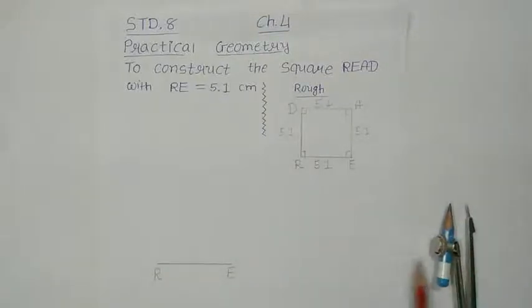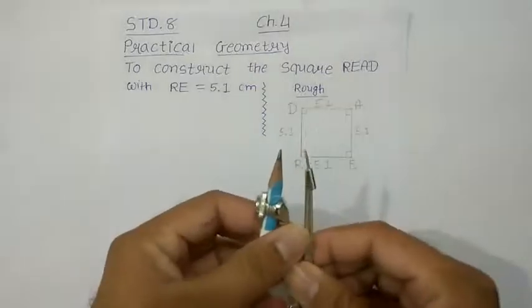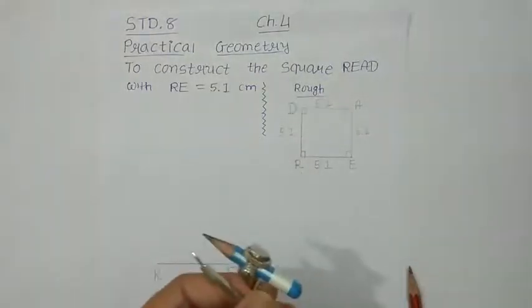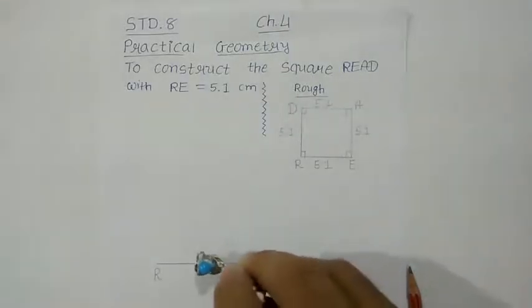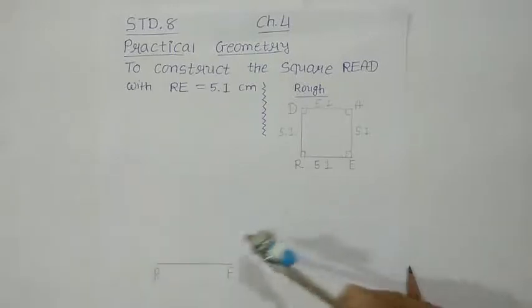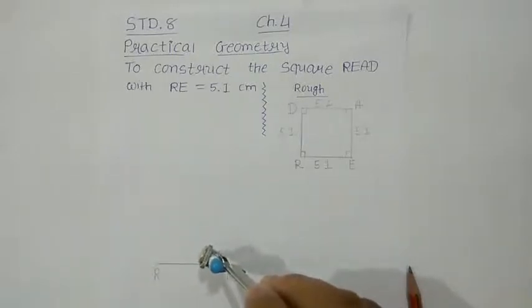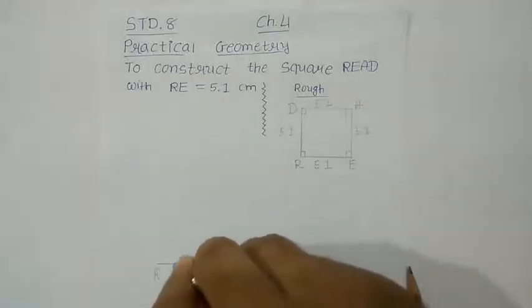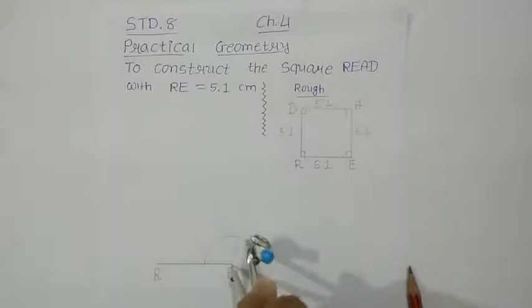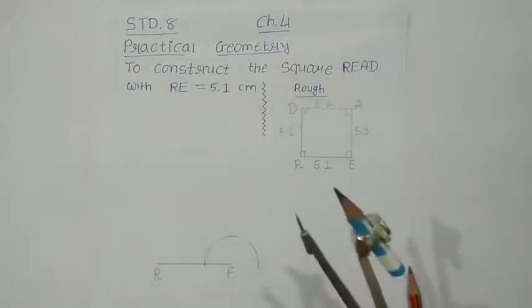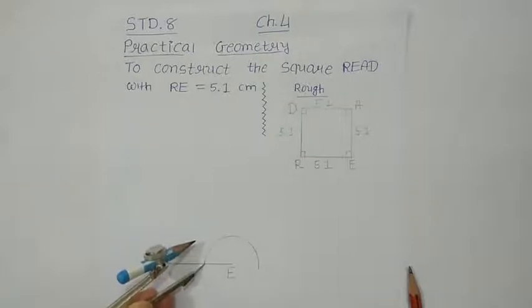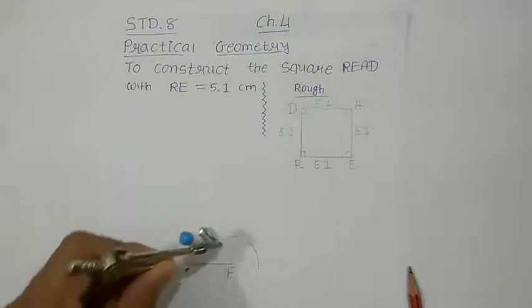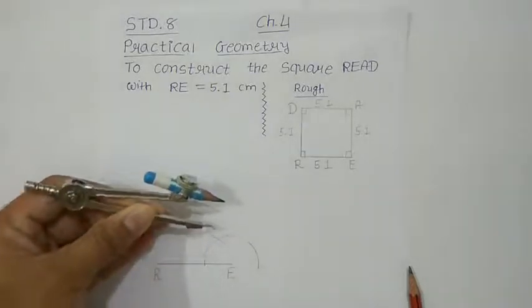Now we know how to construct a 90-degree angle using the compass, right? Take some radius, this much, and make an arc. You can also take some more radius, okay? Make a semicircle arc, taking E as the center, right? Now, where this line and this arc intersect, keep the compass point there and make another arc on the previously drawn arc.